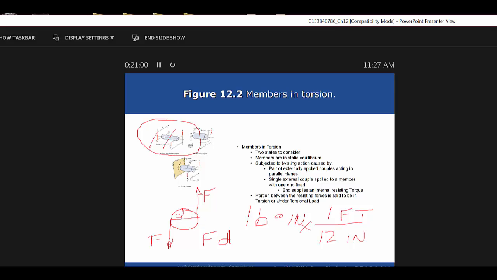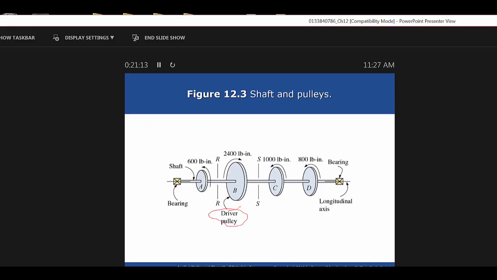Okay, so what else about this? I guess we need to do that example problem there, and I did talk about the driver pulley, right? On this, we talked about one is a driver, that's what's going to be supplying the external force, and then the other pulleys will help resist that, so you do have an internal torque going on there.